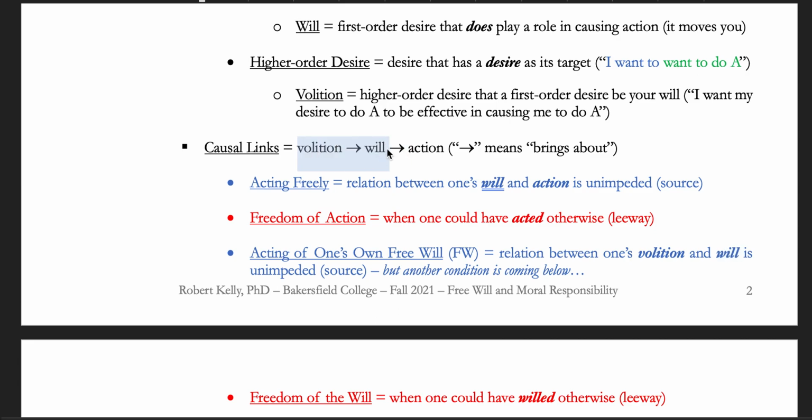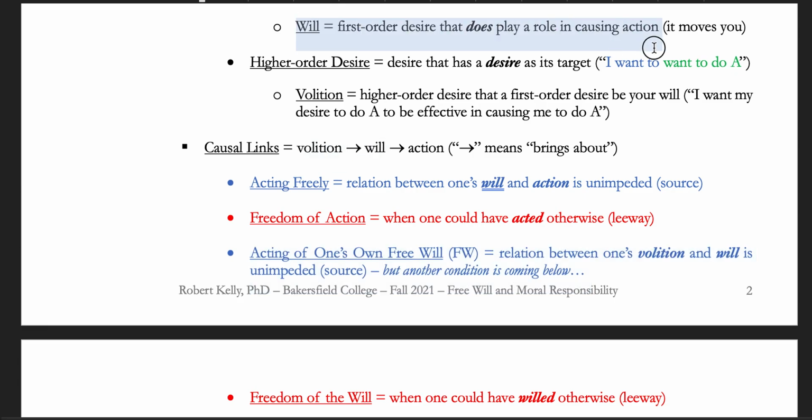This relation. Okay. He's going to add more to this. We'll see. It's called identification, but we'll get to that. But acting of one's own free will is, at least initially, about the relationship between your volition and your will.